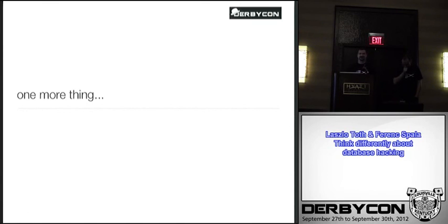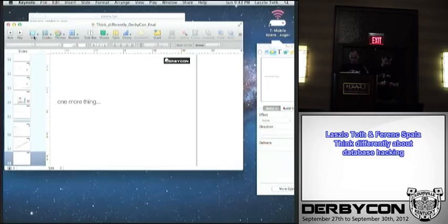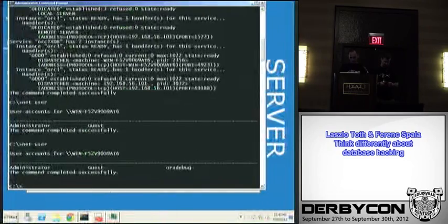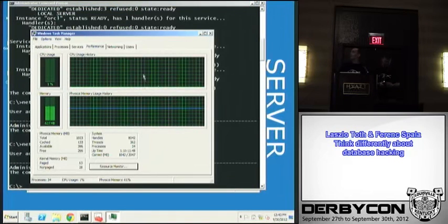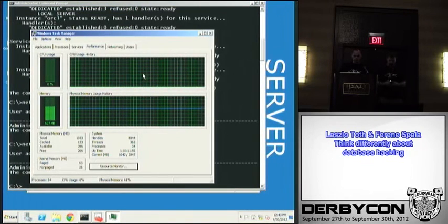But we didn't show you any HTML5 JavaScript trickery or any mobile stuff. But we can help with the mobile stuff. I have my mobile phone with me. Let me show you. We have a fully patched Oracle server. This is the resource monitor of this server.